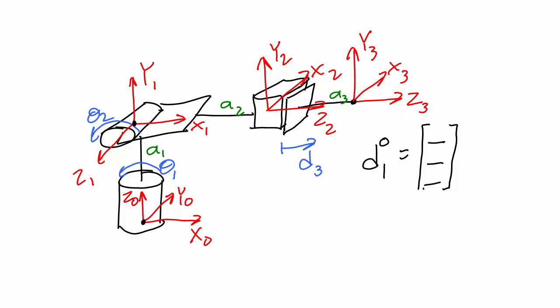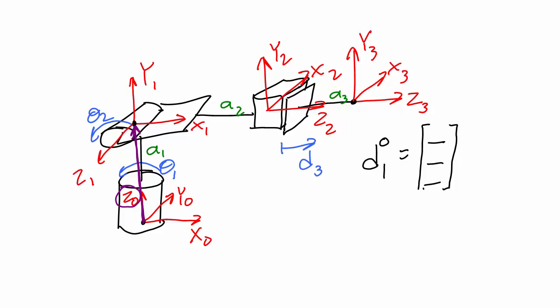Finding the displacement from frame 0 to frame 1 is fairly easy. The displacement is right here. No matter what value we set for theta 1, theta 2, or d3, the displacement between the center of frame 0 and the center of frame 1 is always entirely in the z0 direction.